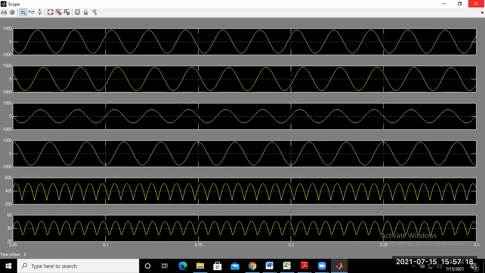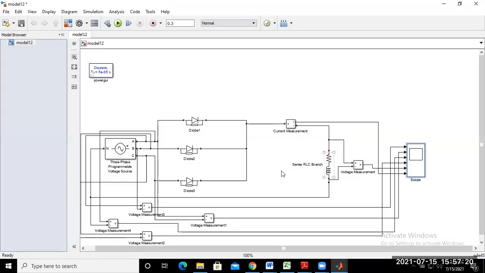This circuit can also be simulated by 3 units of single phase supply. So instead of a 3 phase supply, you may consider 3 units of single phase AC source also.